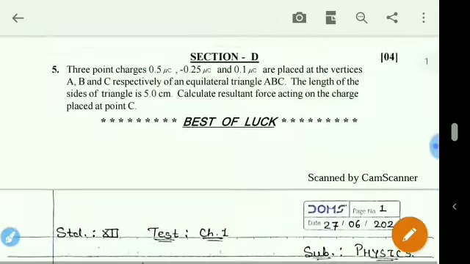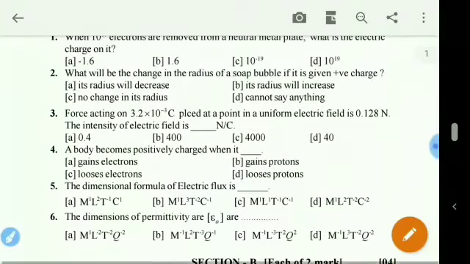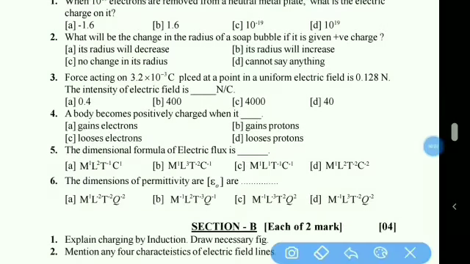Now MCQ number 3. In this MCQ, charge is given which is 3.2 into 10 raised to minus 3 coulomb and force is given, and we want to find the intensity of the electric field.